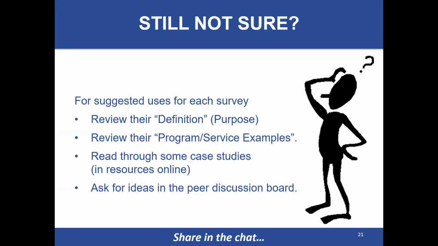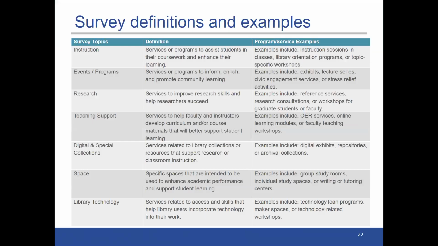All of those appear in the project outcome resources area. For example, here's the survey definitions and examples, and here's all 7. And the forum and the case studies will also be there. So that's an added incentive for you to sign up for the service if you haven't already.